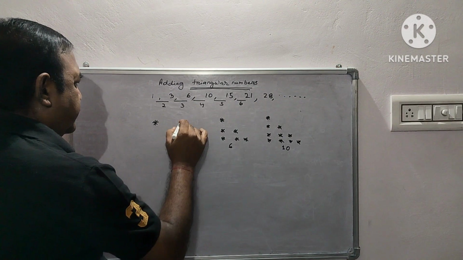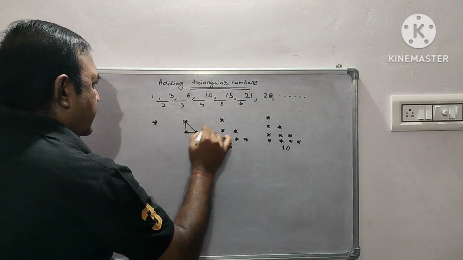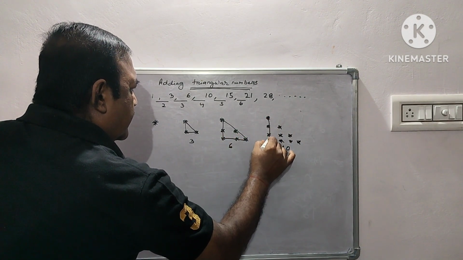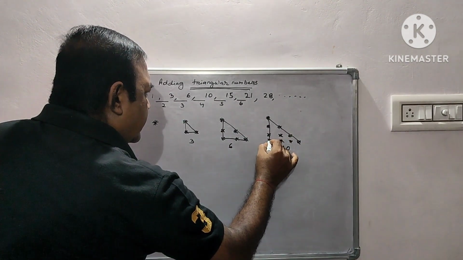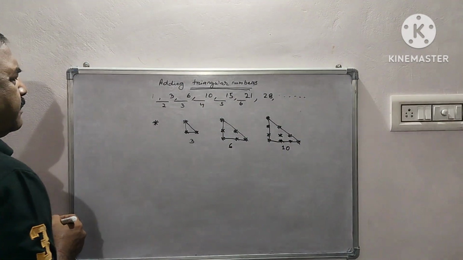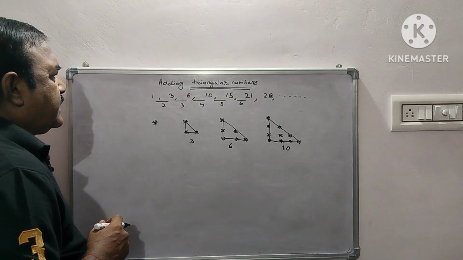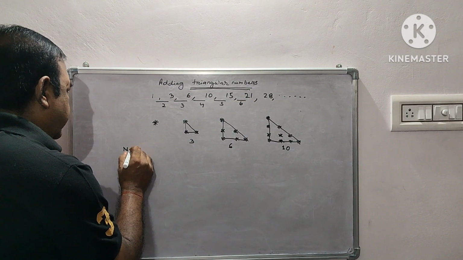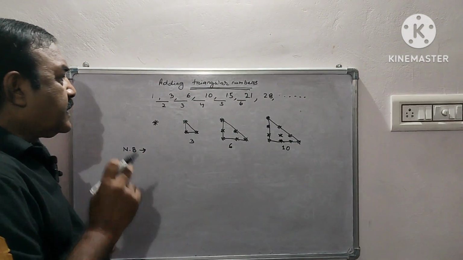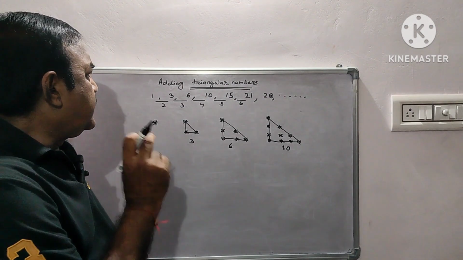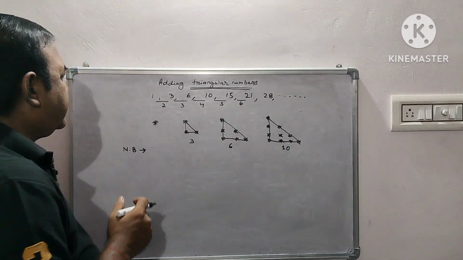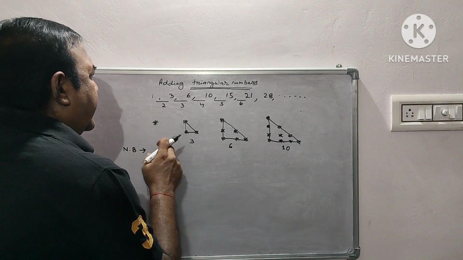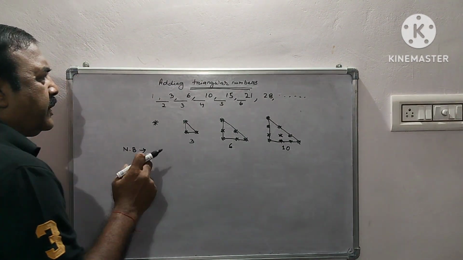And you see, as a triangle, you see the pattern. So these are the triangular numbers: 1, 3, 6, 10, 15. So note best, the sum of two consecutive triangular numbers, that means 1, 3, or 3, 6, or 6, 10, or 10, 15, 15, 21, 21, 28.